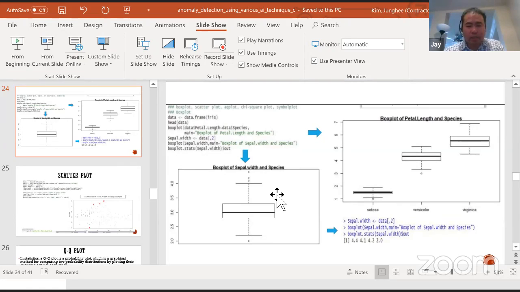So the box plot has a max and minimum value, and then the outlier, like here. This is the minimum value, and this is the first quarter, and this is the last quarter, so that means the third quarter, 3/4.